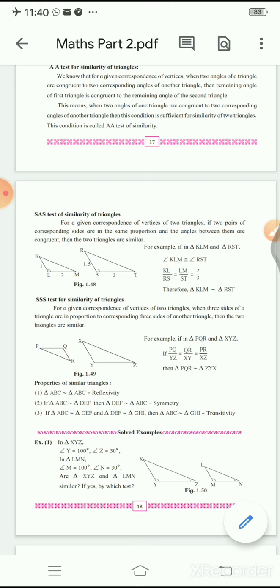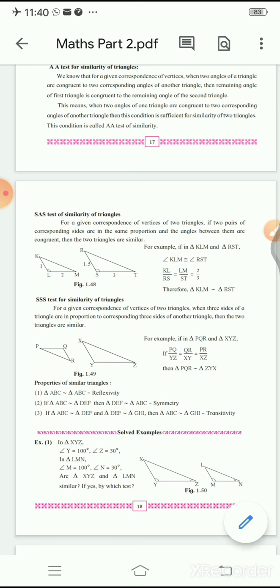For example, in this figure, triangle KLM and triangle RST. Here angle KLM is congruent to angle RST, means the angles between the corresponding sides.